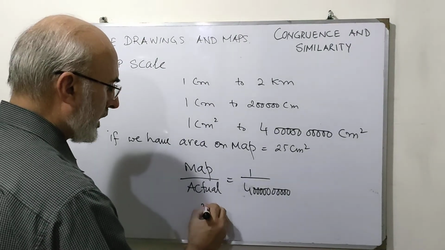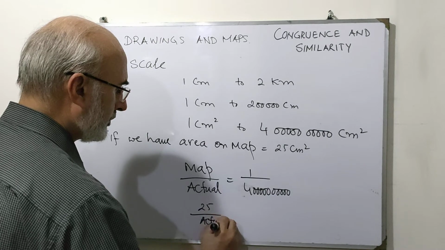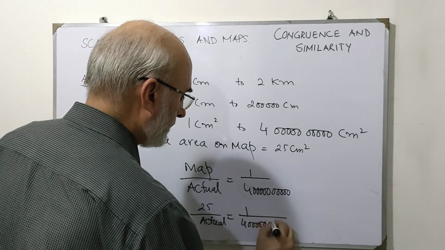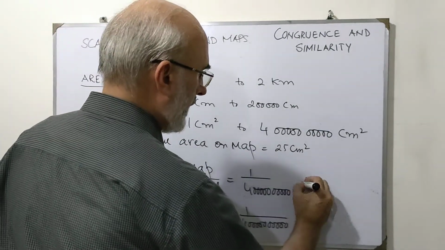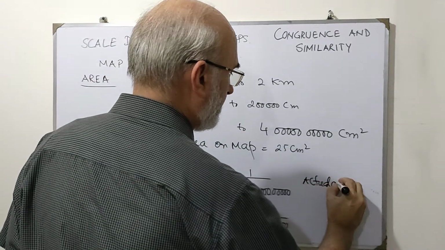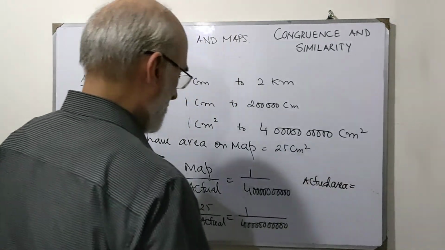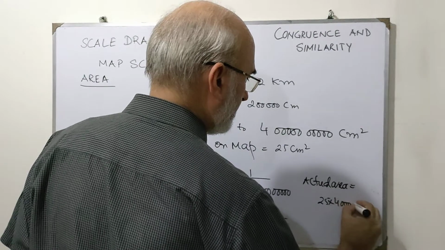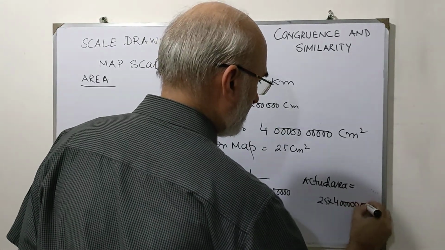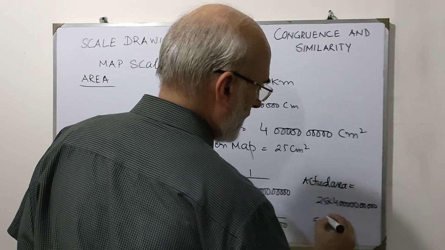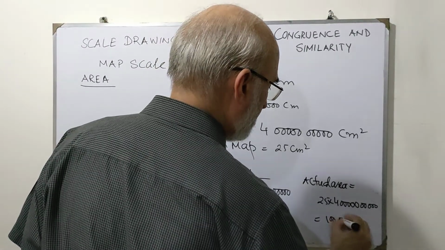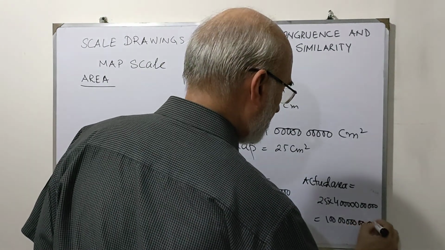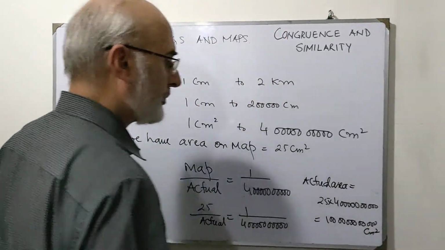So 25 over actual equals 1 over 4. Okay, so actual area equals 25 into 4, which is 100 centimeter square.